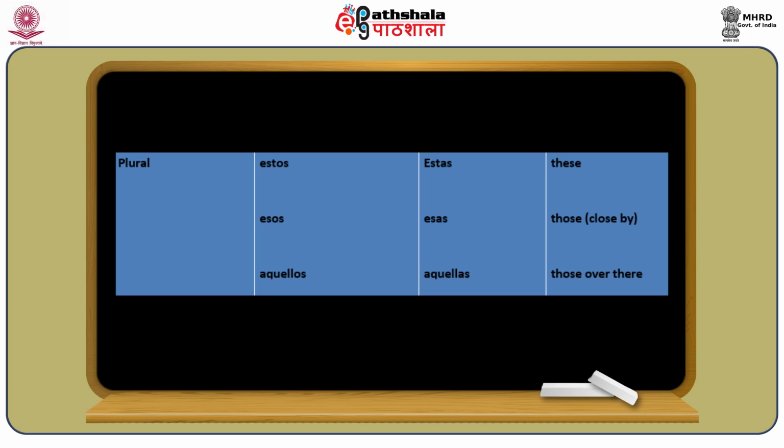And for something meaning those over there, for masculine plural we have aquellos, and for feminine plural we have aquellas. Thus estos, estas means these, esos, esas means those close by, and aquellos, aquellas means those over there.